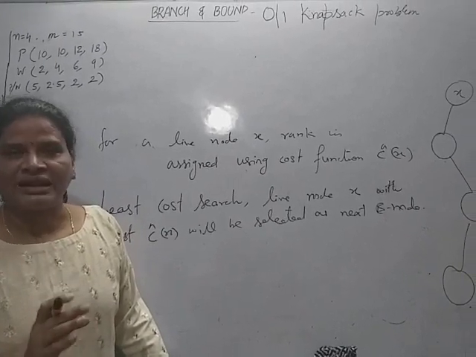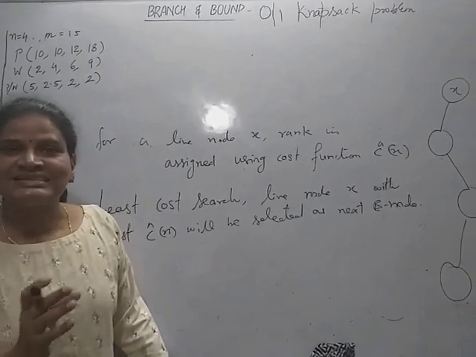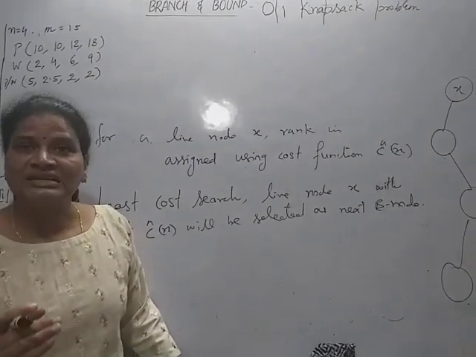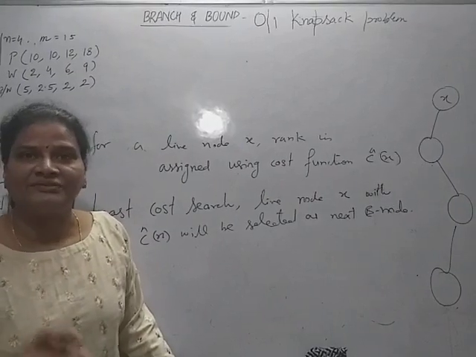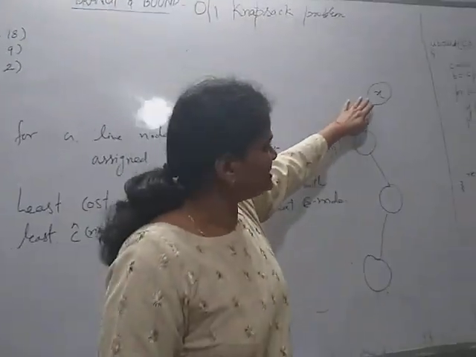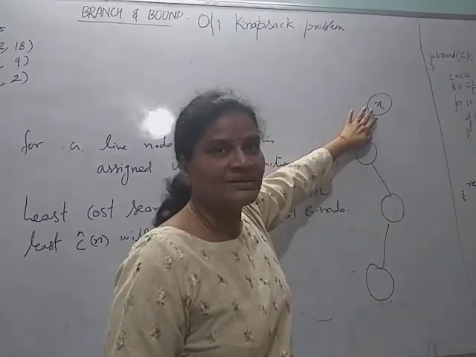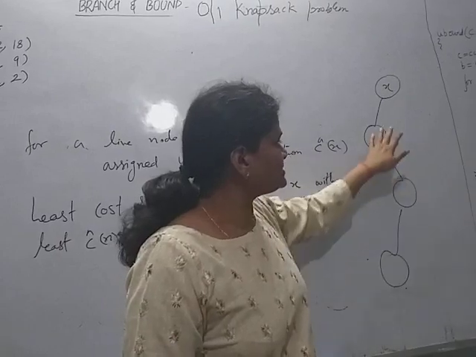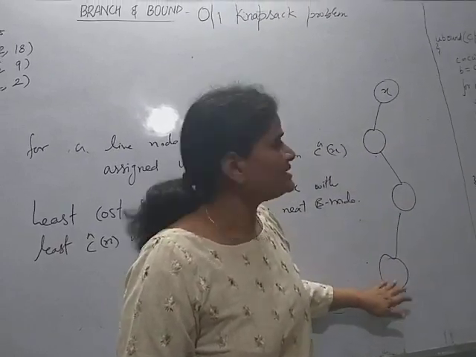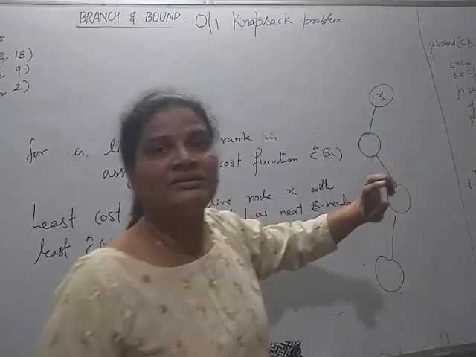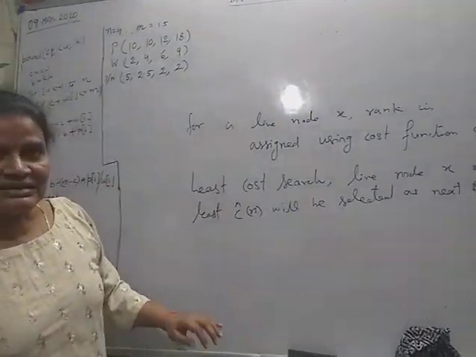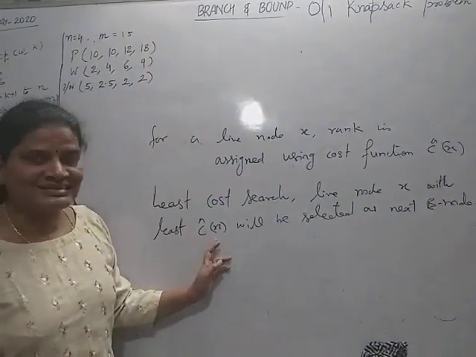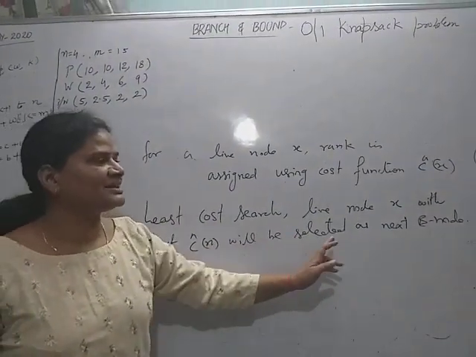The assignment of rank requires the additional computational effort or cost that is required to reach an answer node from the live node X. Suppose I am asking what is the cost of this live node X: it is computed by the cost of reaching an answer node from the live node X. Okay, and in the least cost search strategy, the live node X with least cost will be selected.